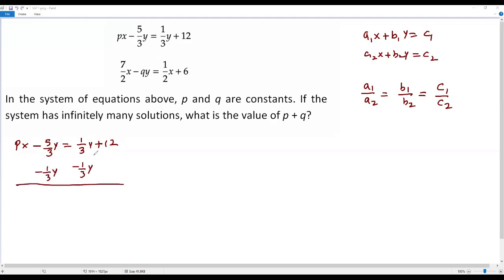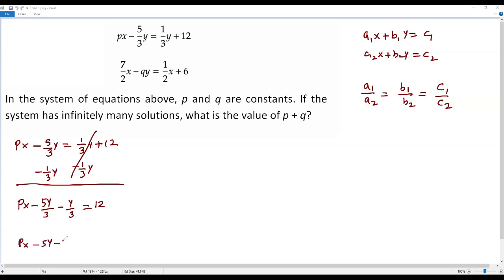When I do so, this positive term and negative term will cancel. Then I'm getting px - 5/3 y - 1/3 y = 12. Here we subtract two fractions with the same denominator. Now we can take this 3 as a common denominator, then simplify the numerators.